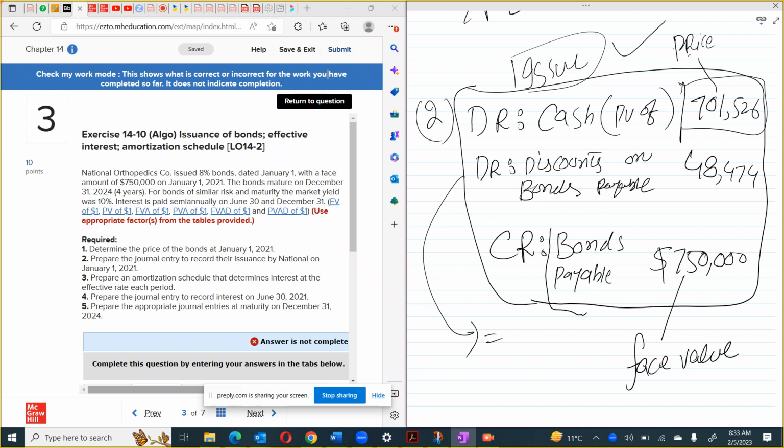I'm repeating: you will debit interest expense for whatever period he's requiring, because now you know the entry. If I ask what the double entry is at 31st December 2023, you can tell me: debit interest expense 36,479, credit cash 30,000.